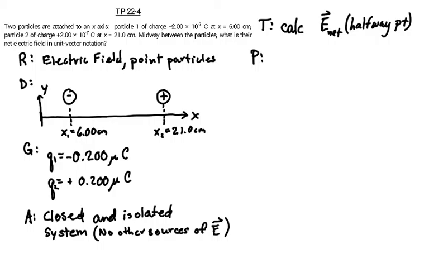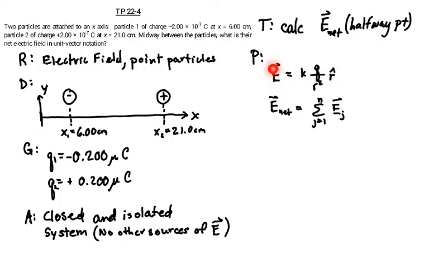Alright, so for the physics step, go ahead and pause the video and look at your PRC, look at your book, and write down the equations you think you might need for this problem. Alright, so we will need the electric field due to a point-like particle, and so that's what we have listed at the top.